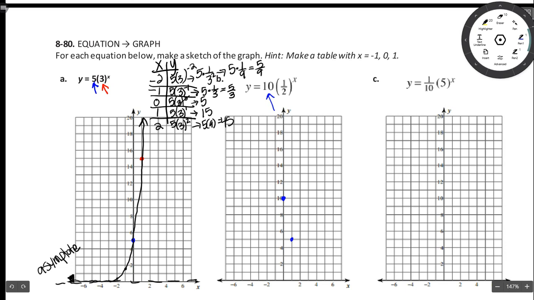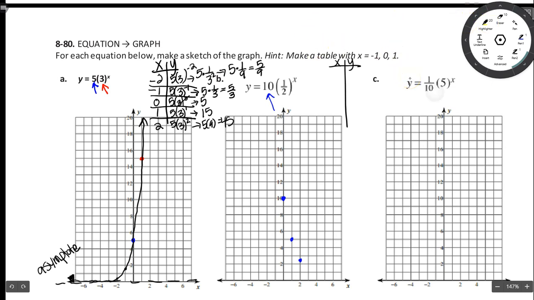And to get to the next number, you multiply by 1/2 again. 5 times 1/2 is 5/2, which is 2.5. And then you just keep going. So that's one strategy, or you could just do the strategy that we did, which is creating a table.